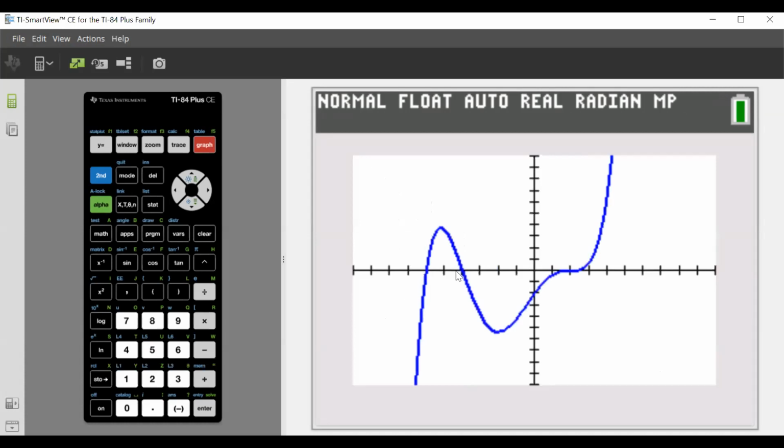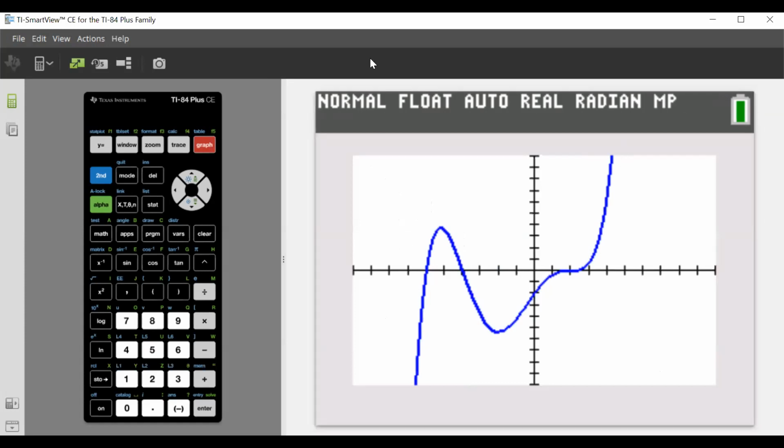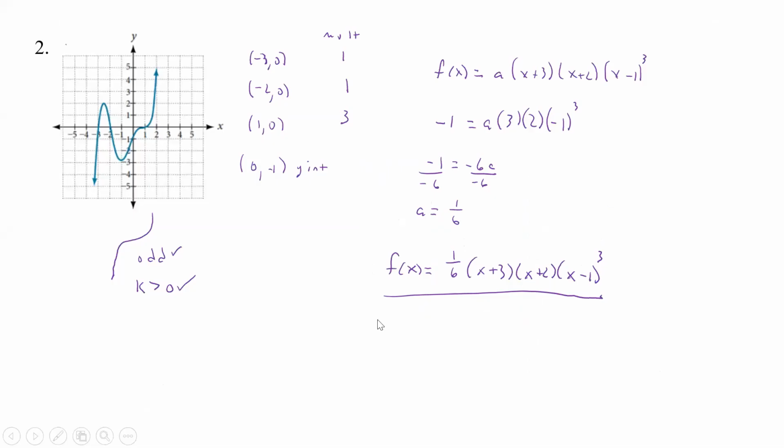So it goes up here, that's 1, 2, 3, 4, 5, 6, so that's going to be -3. That's going to be -2. It crosses at the 1, and here it's going down at the -1. So yeah, it fits everything we did before. So that should be our actual equation of that graph. If we had the same scale, it might look a little better.